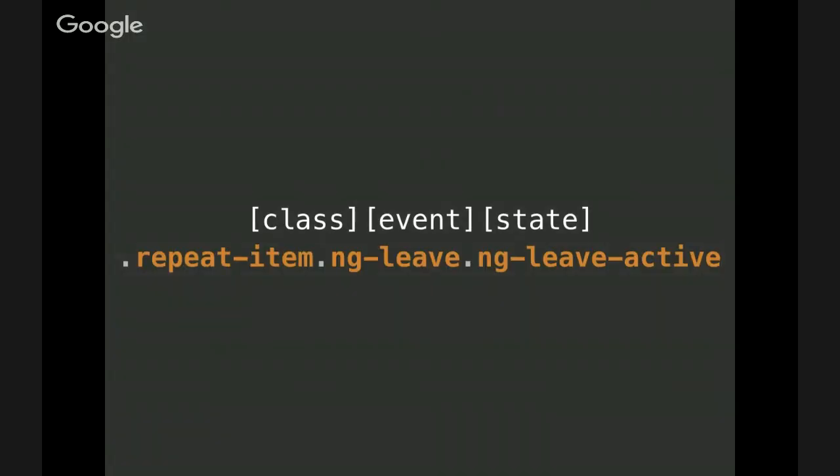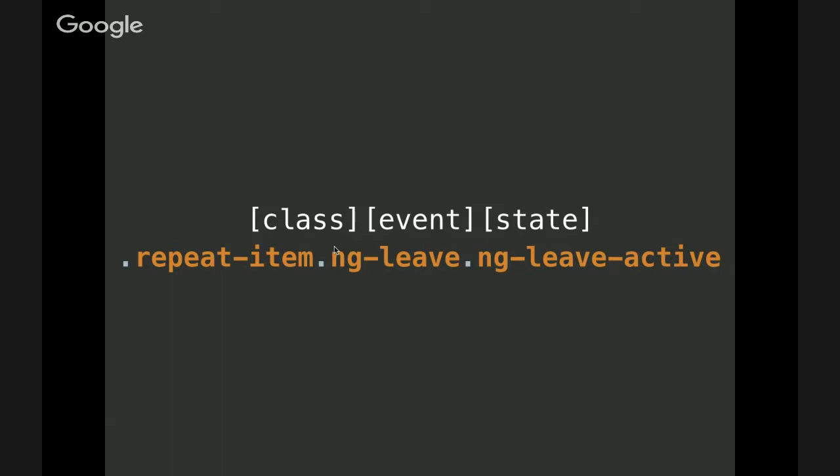Now the convention is basically class-based, and this is for transitions. It becomes a little bit easier as you move from transitions to keyframe animations and then into JavaScript. But the idea is you have a class, you have an event, and you have a state. You'll start with your base class, let's say repeat item. So this is trivial, whatever your base class is.